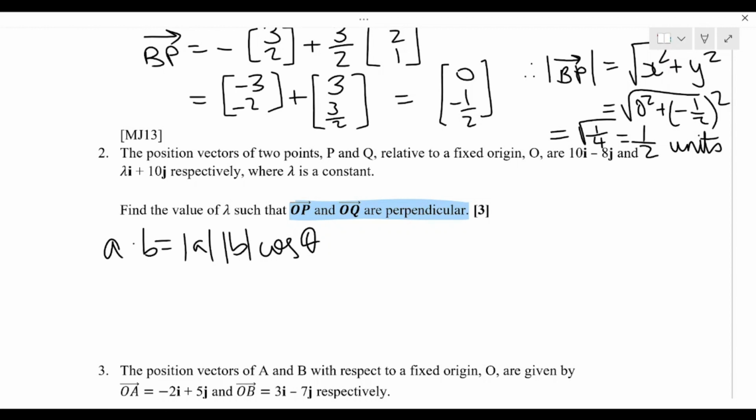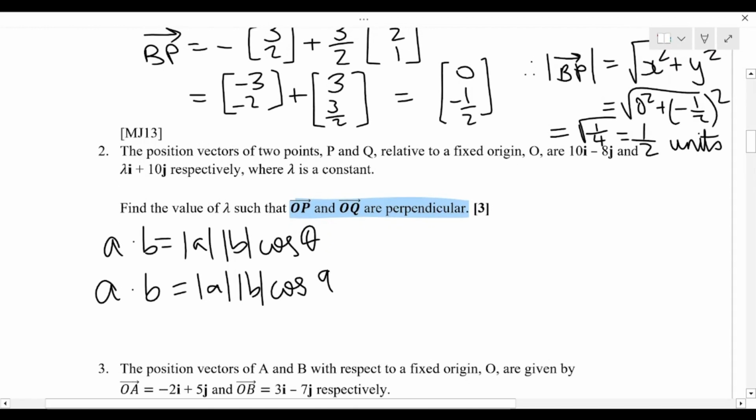If they're perpendicular, that means the angle between them is 90 degrees. Therefore, the dot product is equal to the magnitude of A times the magnitude of B times cos 90. We know, however, that cos 90 is 0. So this means that A dot B is equal to 0, since it would be the magnitude of A times the magnitude of B times 0.